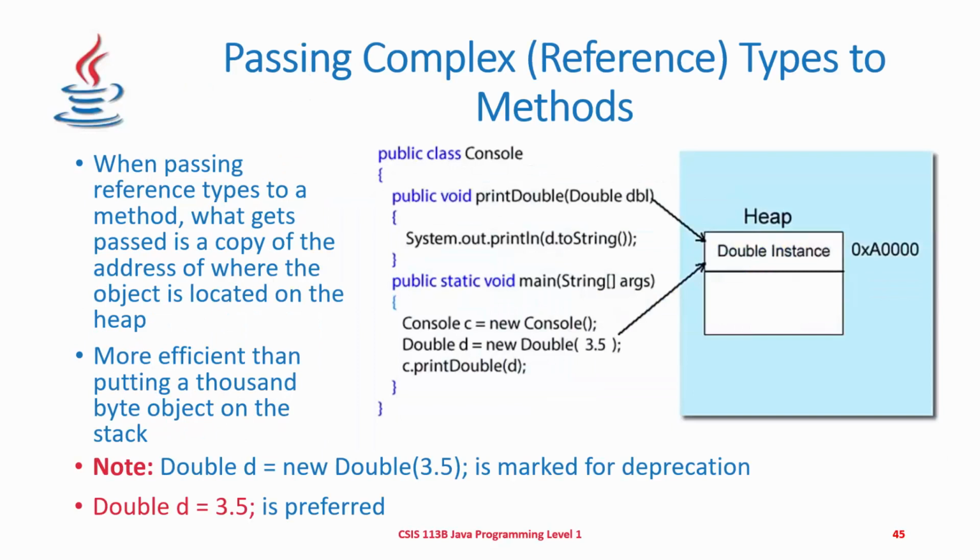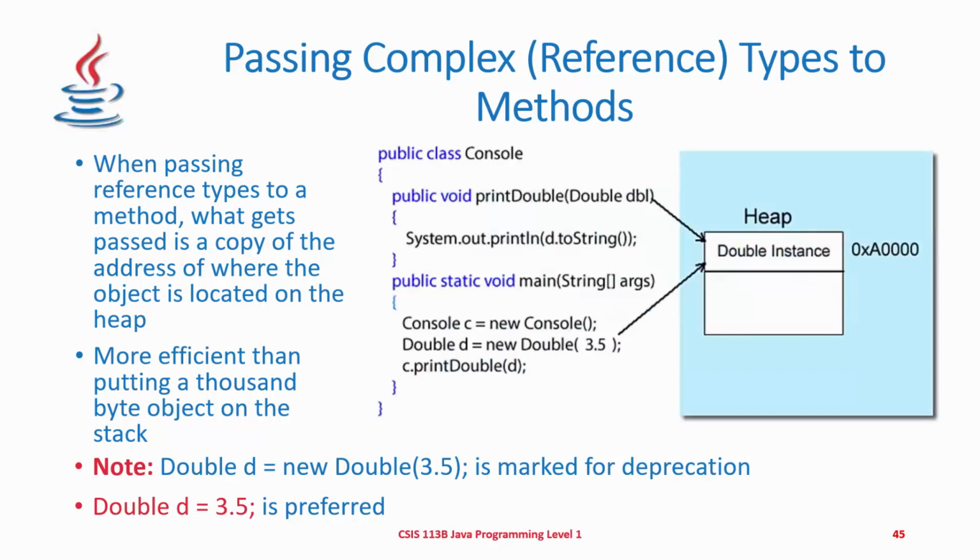So when we're passing our reference types to a method, what's getting passed is a copy of the address where the object is located on the heap. You can see that here in the example code on the right, where we've got a method printDouble, and its parameter is of type double.